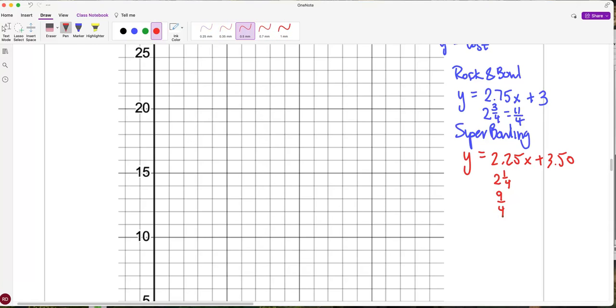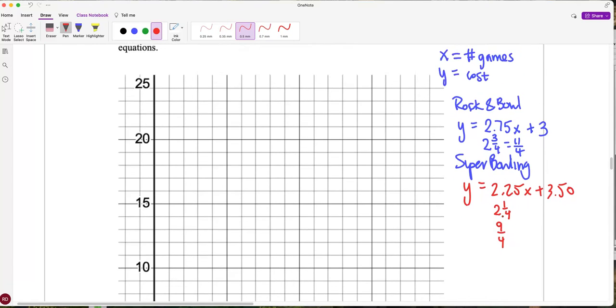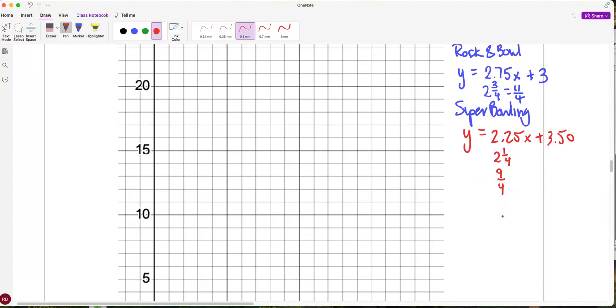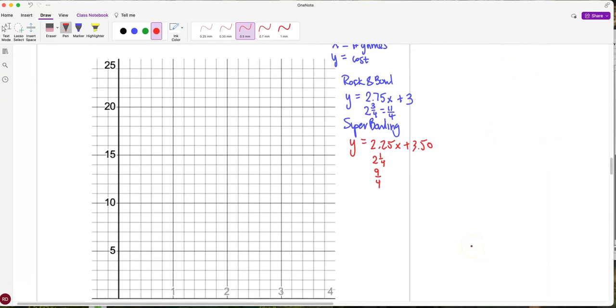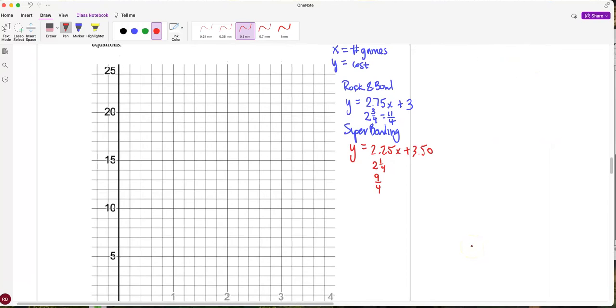Okay. So in the first one, to graph this guy, let me make this a little bit smaller. If I graph this guy with a y-intercept of 3, which is right here, the slope is 11/4. So 3 plus 11 is 14, go over 4.